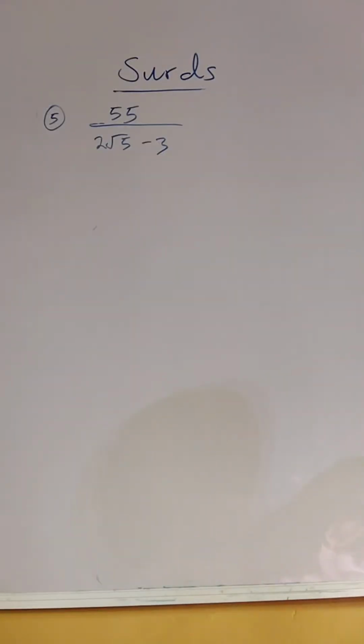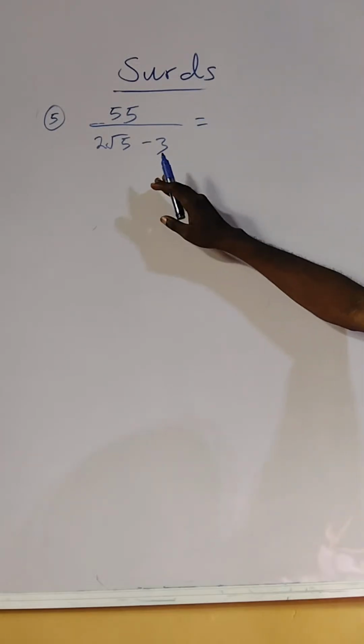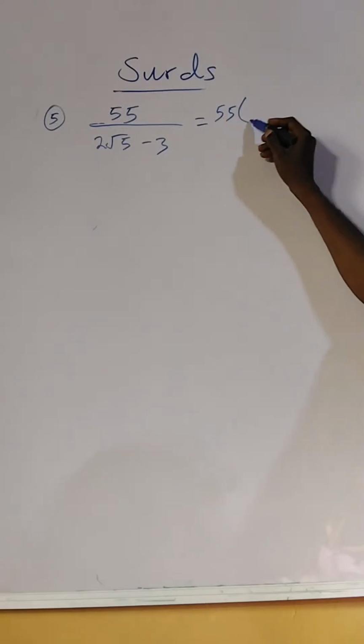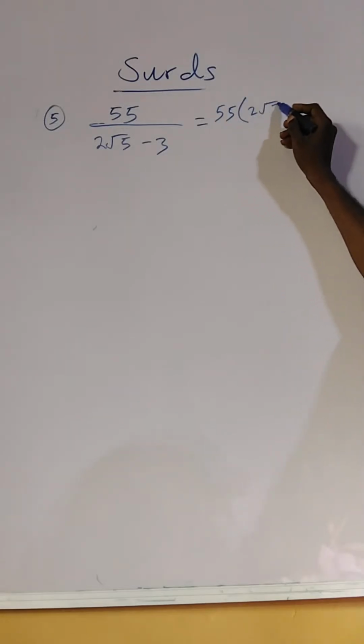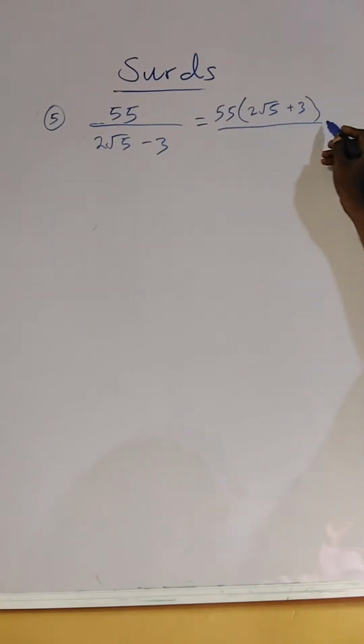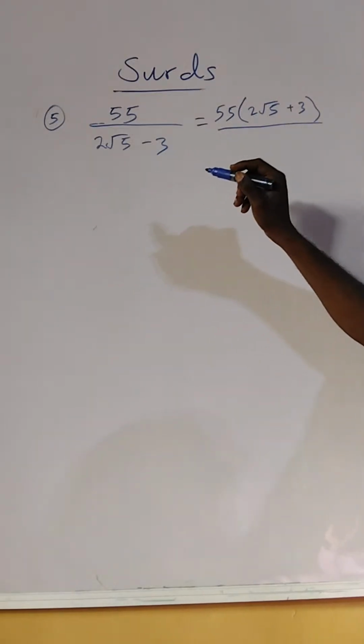Same method, we rationalize this surd now. We multiply and divide by the conjugate surd. So this becomes 55 multiplied by 2 root 5 plus 3, that's the conjugate surd, divided by, also multiply this by the conjugate.